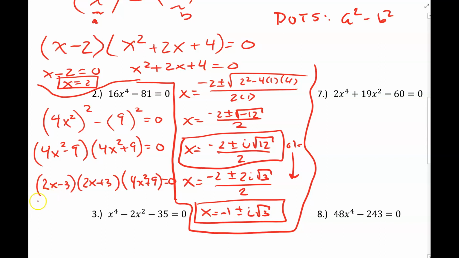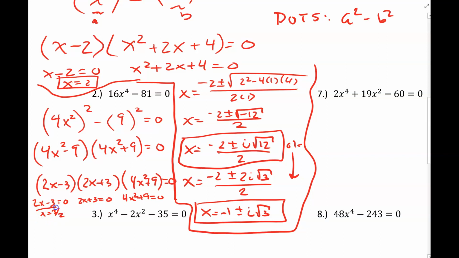Now we can set each of these equal to 0 and solve. So to solve 2x minus 3 equal to 0, what do we do? Add 3 and divide by 2, right?